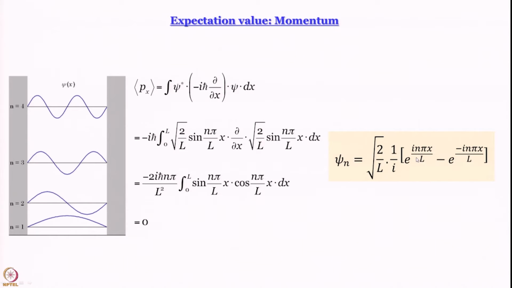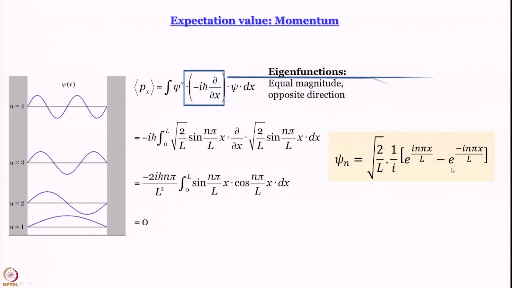So, we get an eigenvalue equation. What I am saying is that the first term here is an eigenfunction of the linear momentum operator. The second term is also an eigenfunction of the linear momentum operator. If you see carefully, their eigenvalues have the same magnitude, but in the first case the eigenvalue is positive, in the second one the eigenvalue is negative. So they stand for momenta that are equal in magnitude, but different in direction.